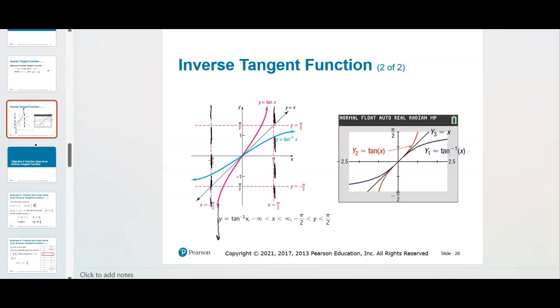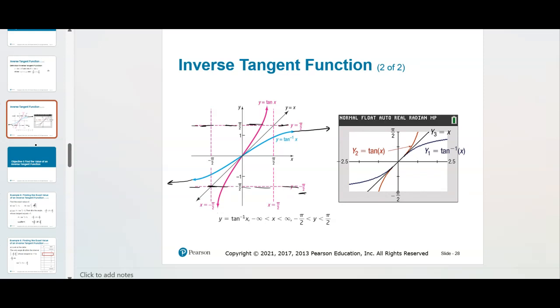And because of that property of we can flip the xy coordinates, the domain becomes the range and the range becomes the domain, that means that all of the inverse tangent function lives between negative pi over 2 and positive pi over 2 as horizontal asymptotes. The further I go to the right, the closer I get to pi over 2, but I never touch it. The further I go to the left, the closer I get to negative pi over 2, but I never touch it.